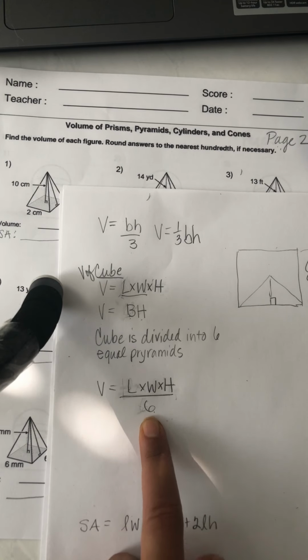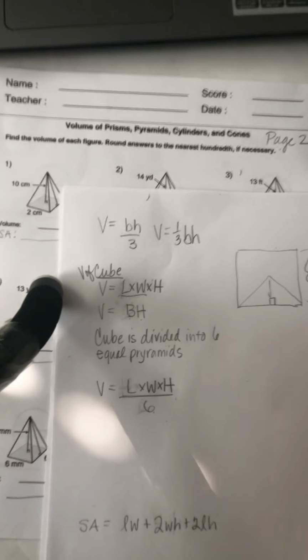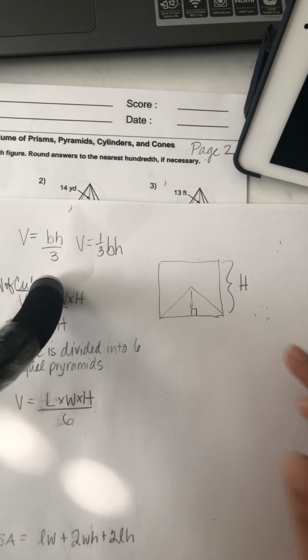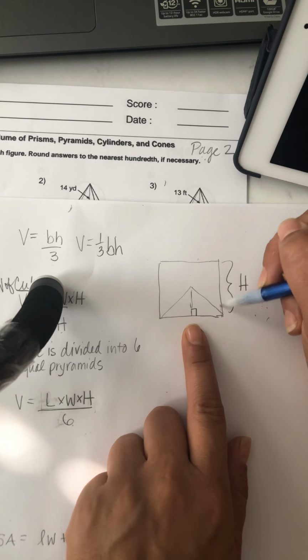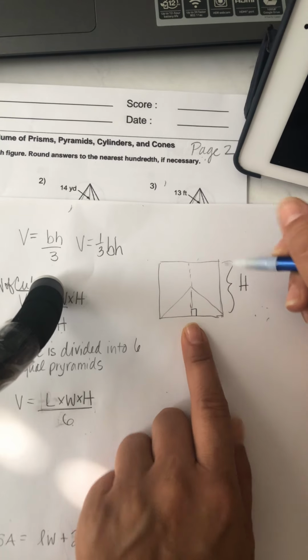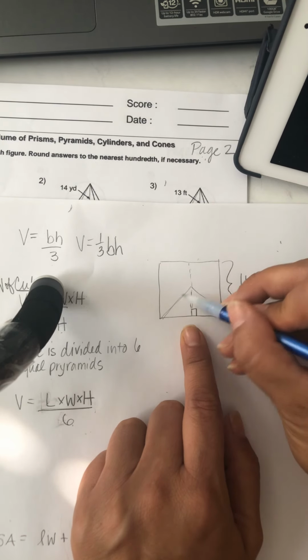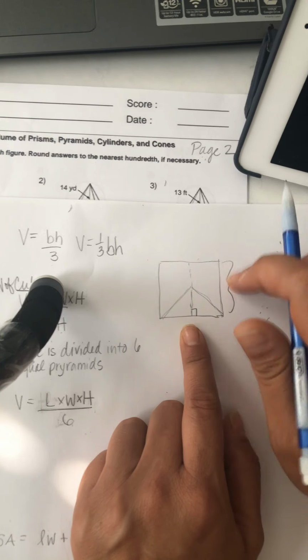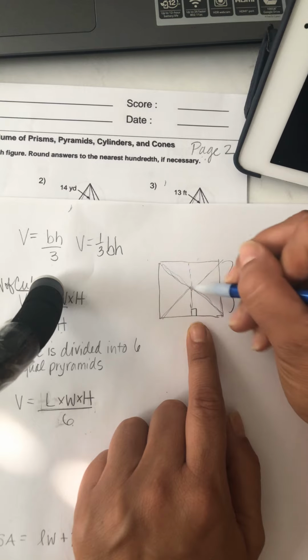Okay, so now taking it a step further and simplifying this a little more, take a look at this. This is just a 2-dimensional form of what you would see if you were looking straight onto a pyramid. Now, if I had a cube and I put a pyramid inside of it, knowing that I could fit 6 of them in there, there's one that could be put up here, right?